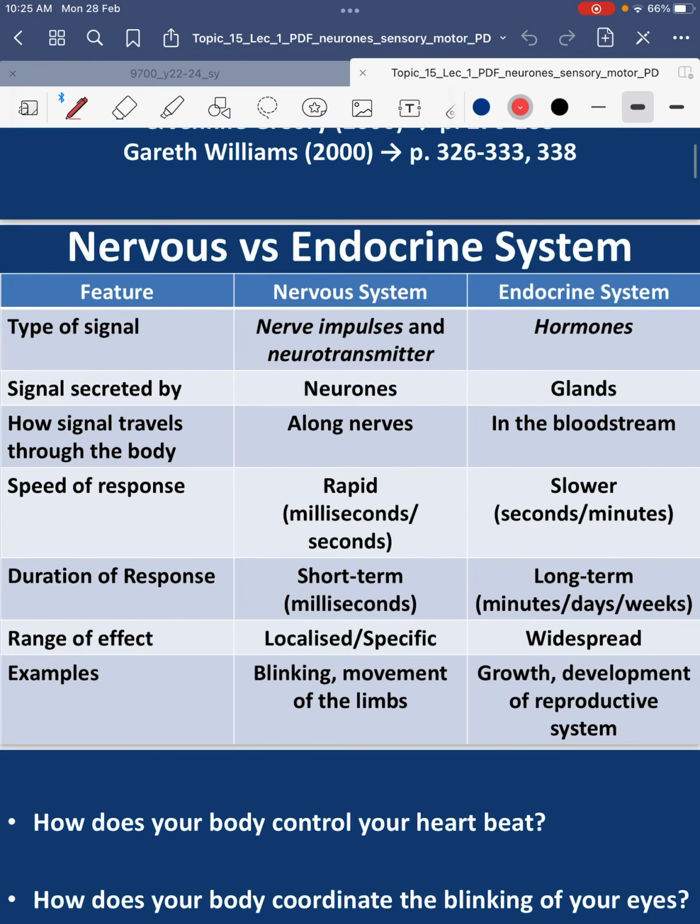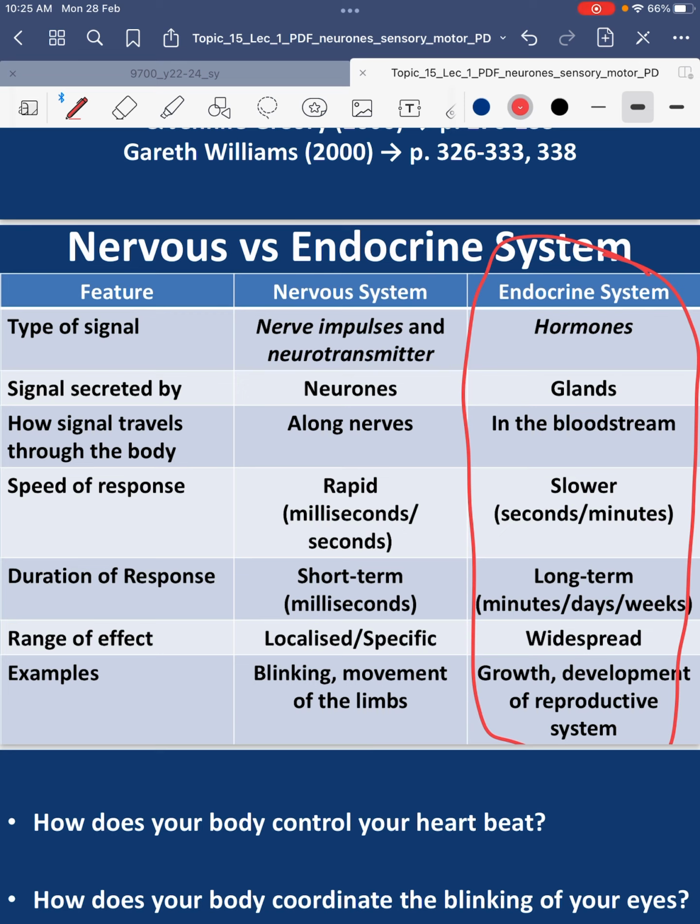In order to compare, compare means we're looking at differences. Although we can look at the similarities, normally if you want to understand more, it's better that we look at the differences. Now let's talk about the hormones first, because we have covered this.